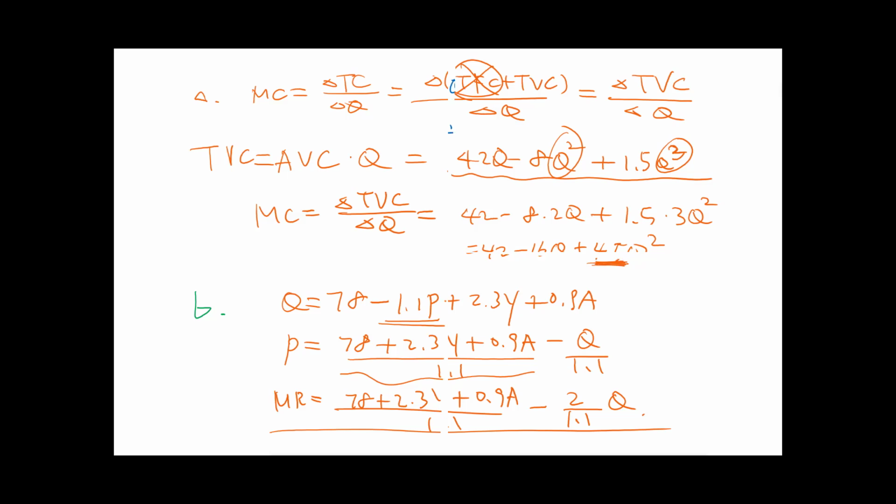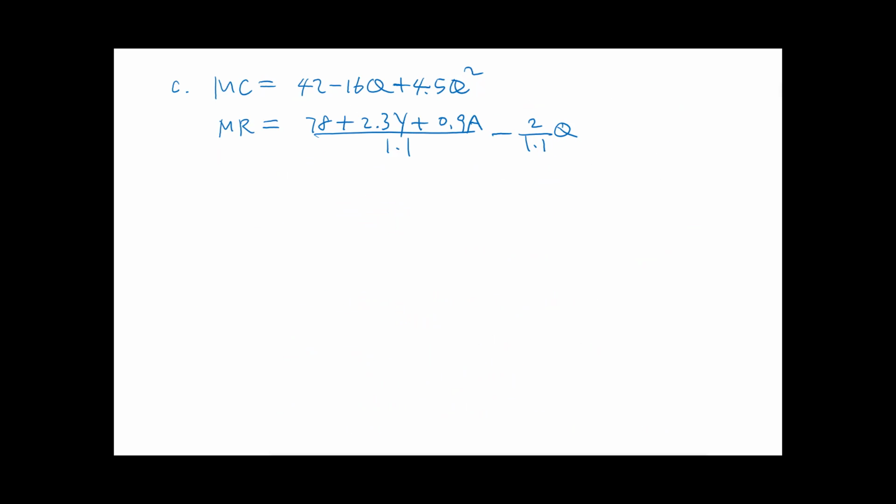Now let's move on to question C. Per capita income Y, measured in $1,000, is given as 4,000. So for Y, you plug in 4, and advertising expenditure is also measured in thousands of dollars. You plug in 200 instead of 200,000, right? So plug these numbers into the marginal revenue curve. Then for profit maximizing, which is marginal revenue equals marginal cost, the profit maximizing price and output can be found by equating marginal revenue and marginal cost, right?